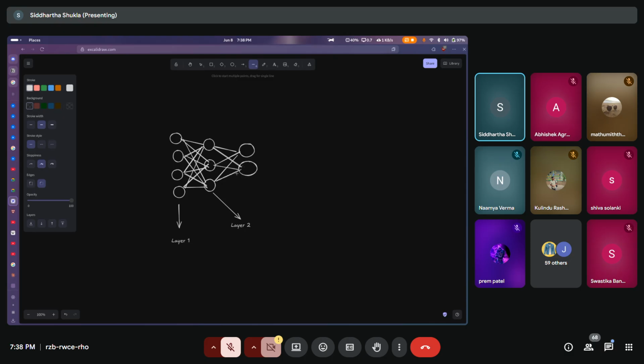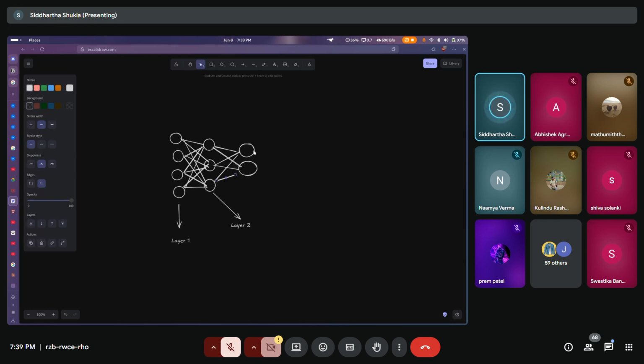So for instance, we have a bunch of inputs and we want to classify whether a certain attribute about the input is true or false.